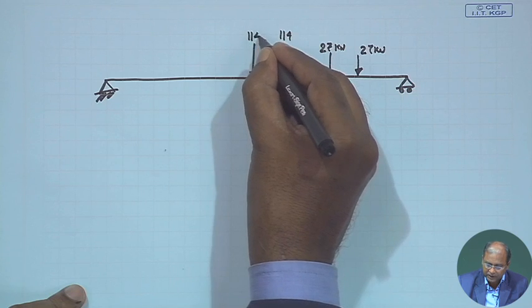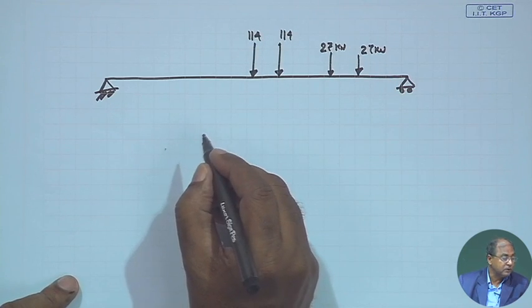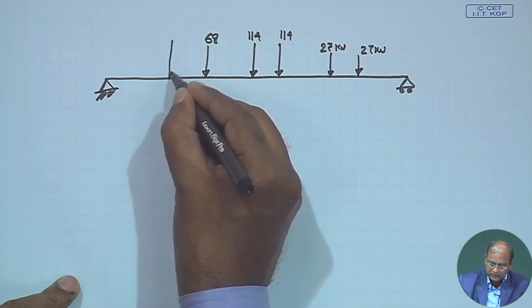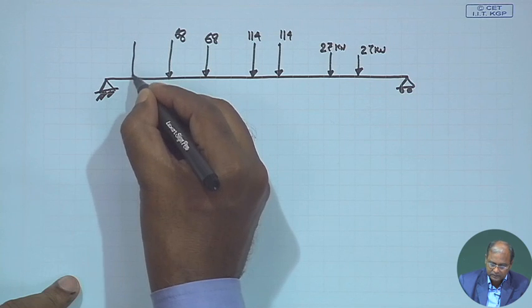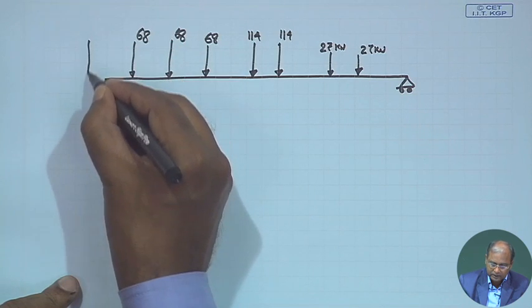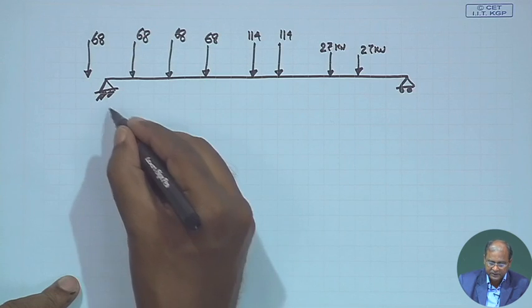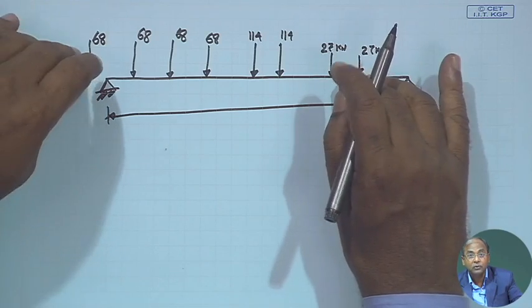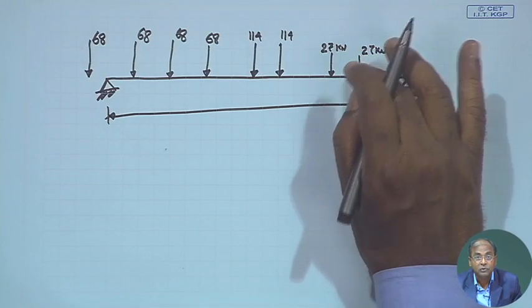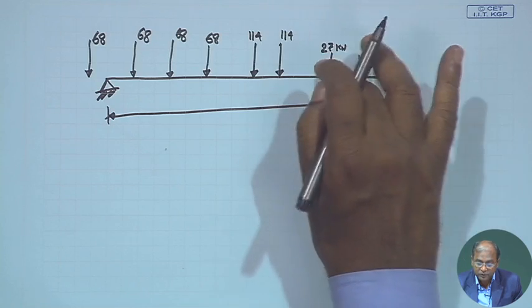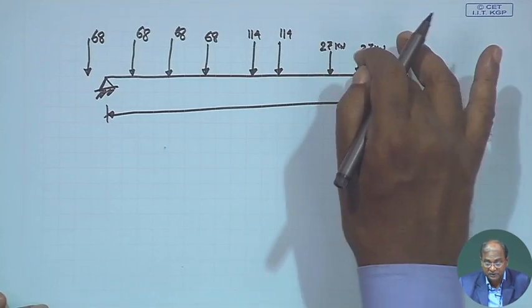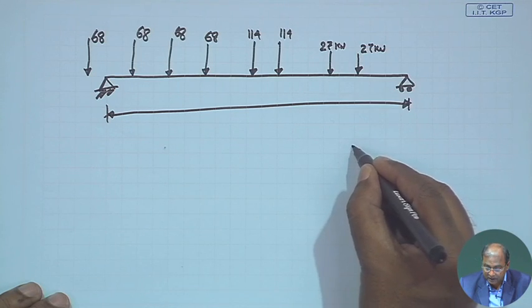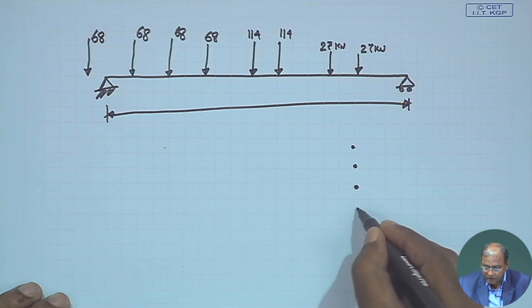Please allow me not to write kilonewton again; assume all are kilonewton. Then we have 68, 68, 68 and 68, maybe outside or inside, depending on the span of the bridge. This is one load, and side by side another load. We shall get the corresponding load here, and on the basis of distribution another load, because of this P by 2: here we have 1 wheel, 2 wheel, 3 wheel, 4 wheel. This is the plan.